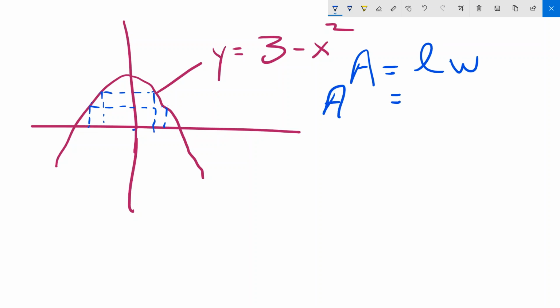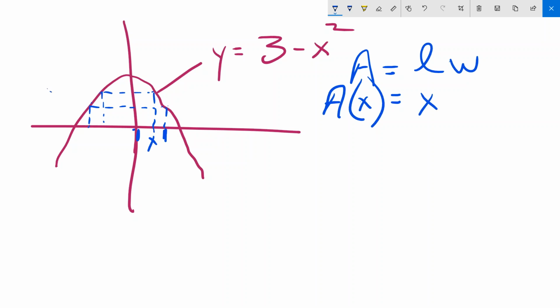Let's talk about area as a function of x. Because it is a function of x. All right. So do we want to set length to x? Yes. That's exactly what length is. In other words, the distance from there to there, because we don't know what it is, x. So that's the length.